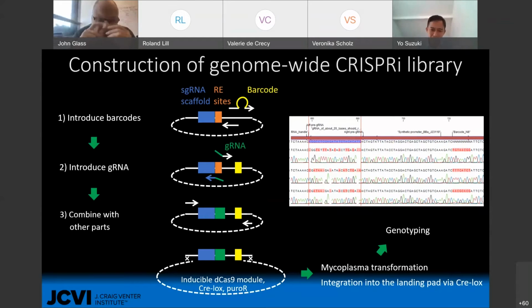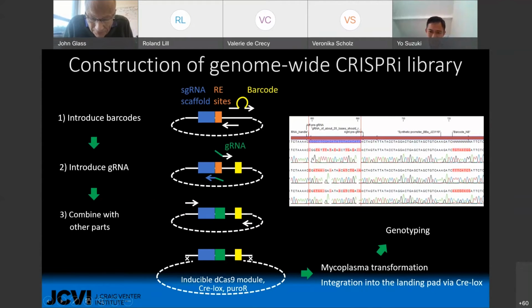But right now, we're using a backbone that's cloned in E. coli and sequence verified. And in this final sequencing run to determine the guide RNA and the DNA barcode sequences, the whole region that's amplified with PCR is covered. So this results in error-free construction.